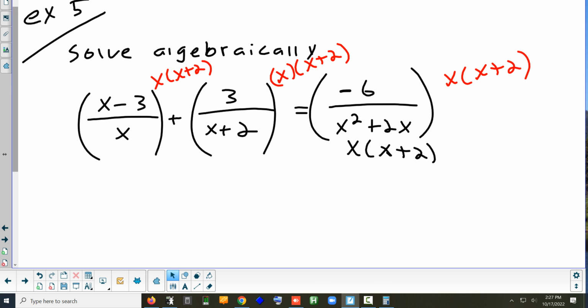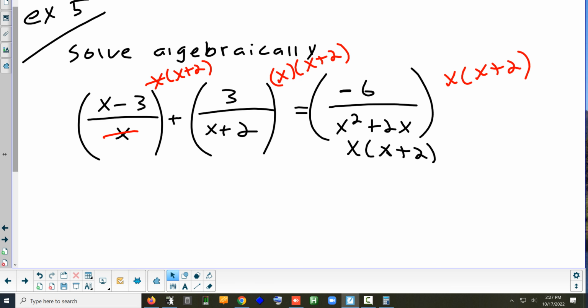Before you do anything out, cancel out what is in common with the top and the bottom. Okay. First fraction. Is there anything that's in common there? If not, then we did it wrong. X.